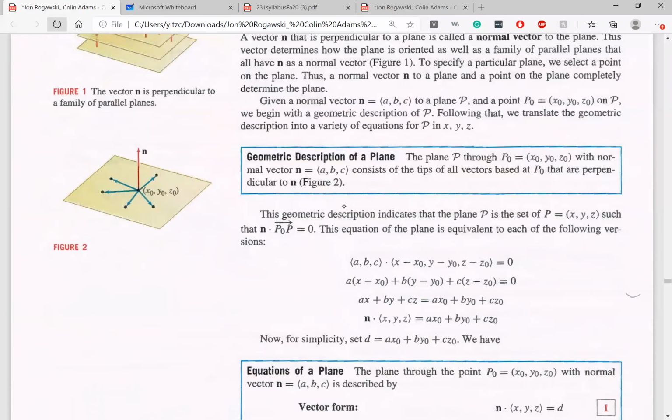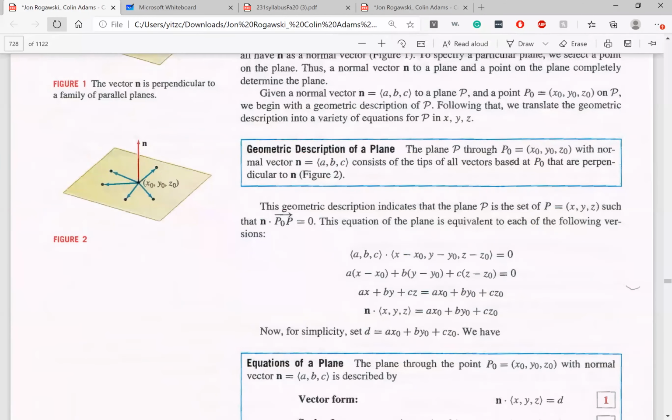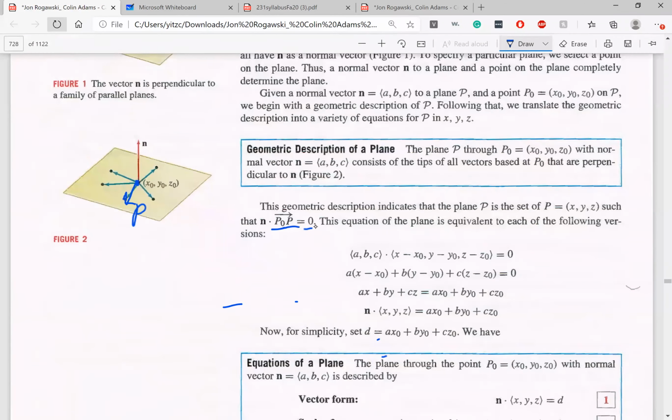Well, what we're going to do is look at the point P, which is any point x, y, z on the plane, and we want the normal vector dotted with our vector going from P0, where P0 is the point x0, y0, z0, to P, here's P, to be equal to 0.